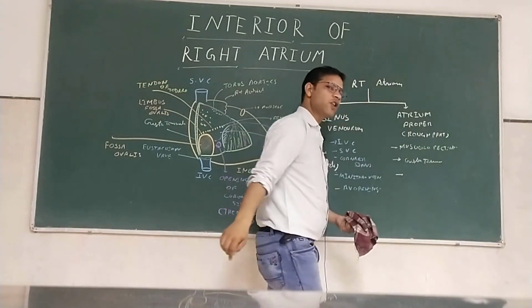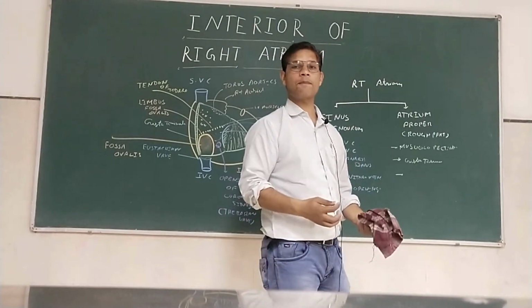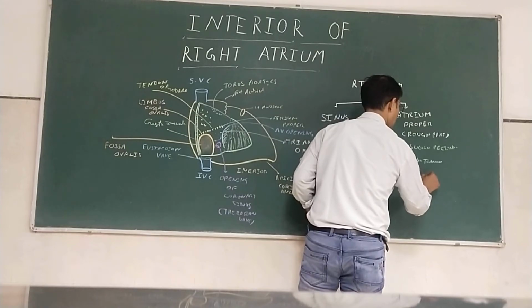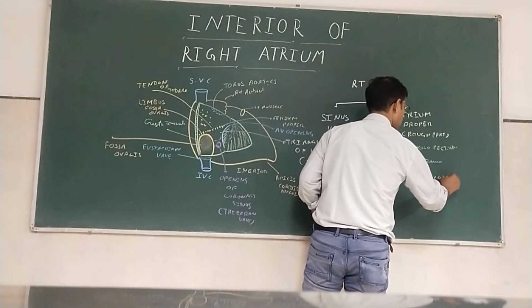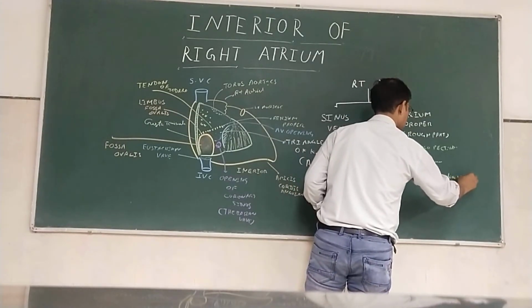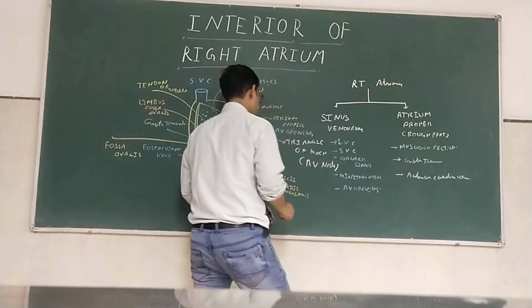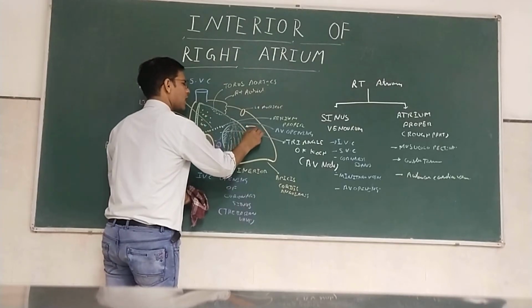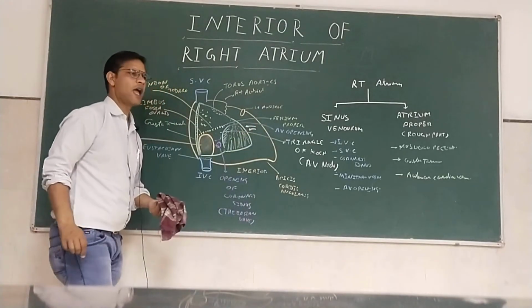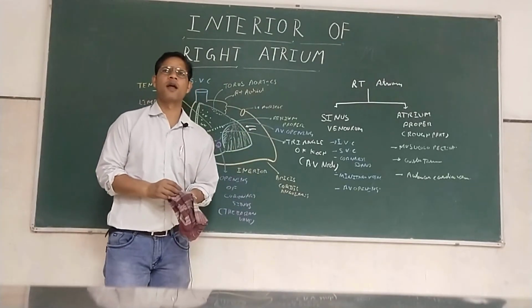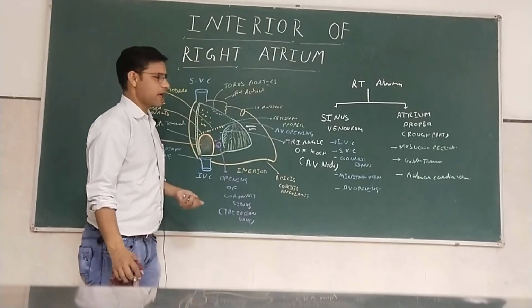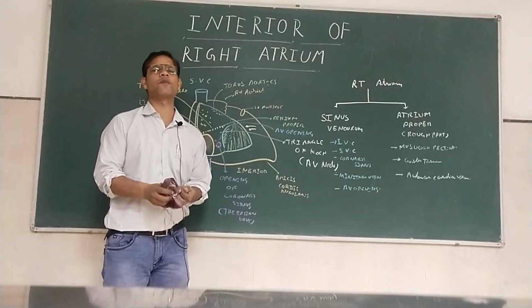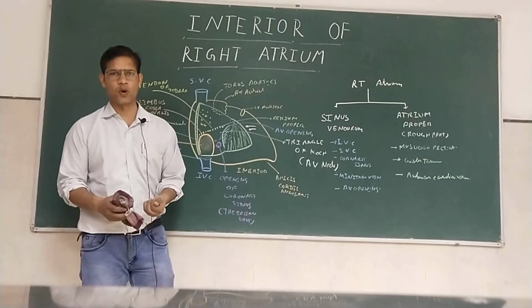The veins which do not open into the coronary sinus, directly opening to the rough part, are known as anterior cardiac veins, which are opening into the atrium proper. Not only that, the torus aorticus, the venous tubercle, is supposed to be a part of this one.